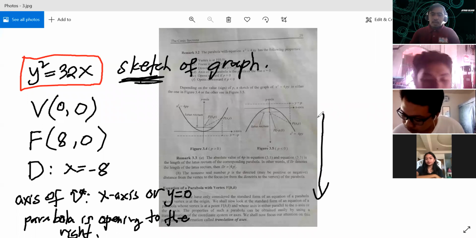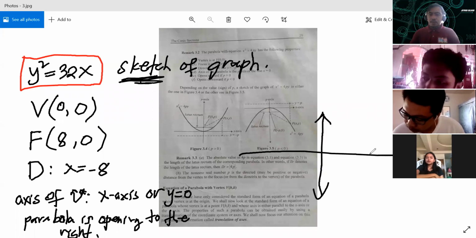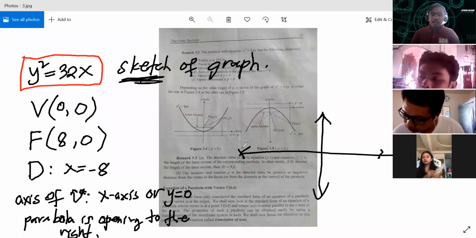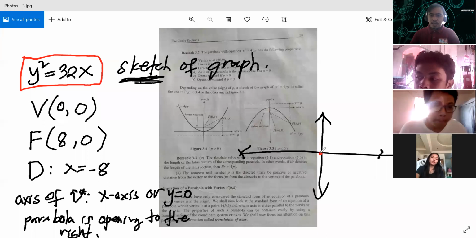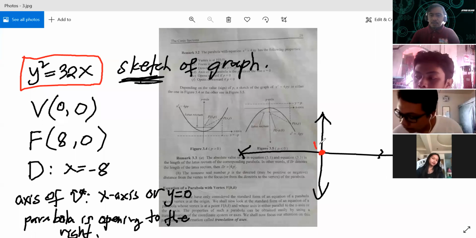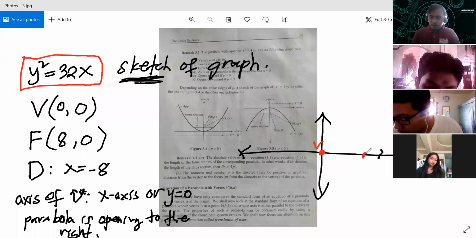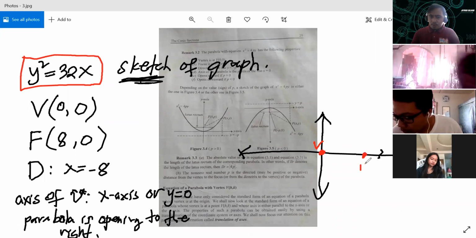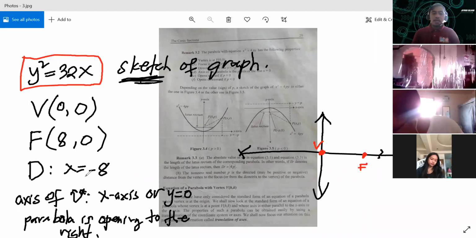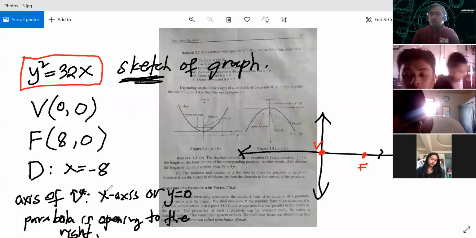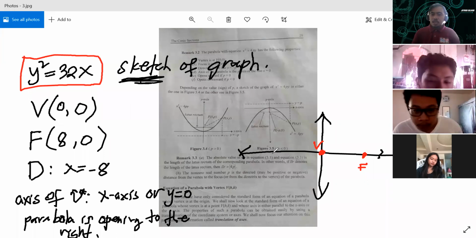So if you're going to sketch the graph of your parabola, it will look like this. First, your vertex is at (0, 0) here. This is your vertex. Your focus is at (8, 0), say for example here. This is your focus. Your directrix is x equal to negative 8, so it must be this line.